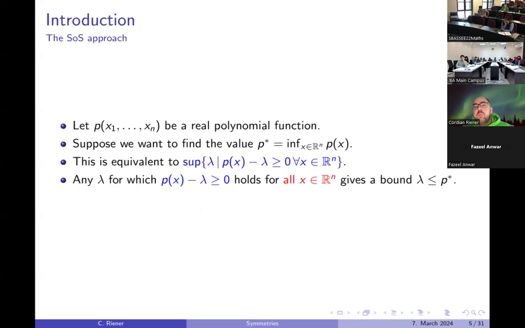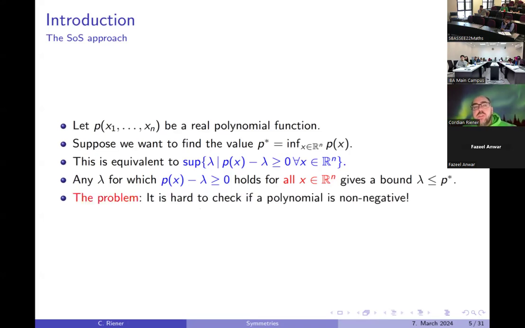But again, the property that I have here is very simply stated. How do I check if this holds? The problem is, of course, that checking if a polynomial is non-negative is a very hard task, and it's exactly as hard as the previous one. We have not gained anything here.